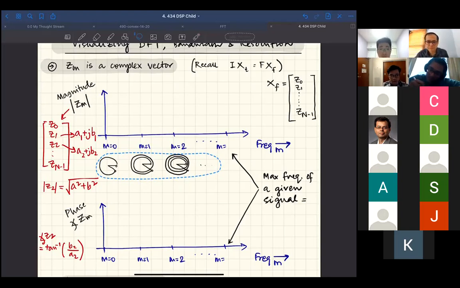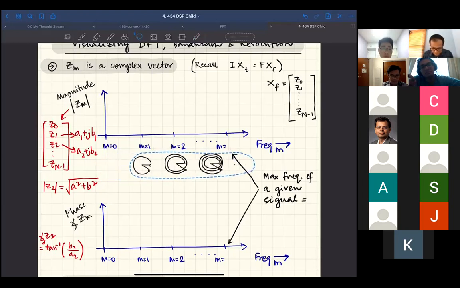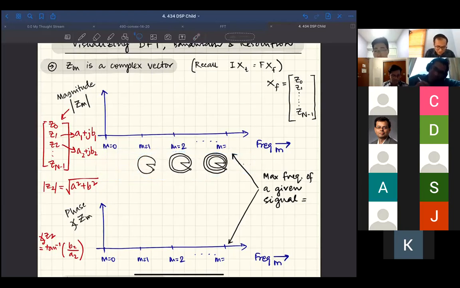Should the M be moved over by one frequency? That is exactly right. M equals 0 means the stick is not moving at all. M equals 1 means the stick is moving fast. M equals 2 means the stick is making 2 cycles, right? So now frequency is in terms of M.